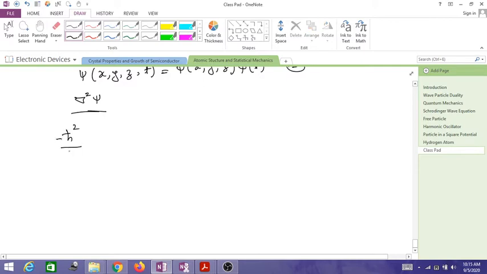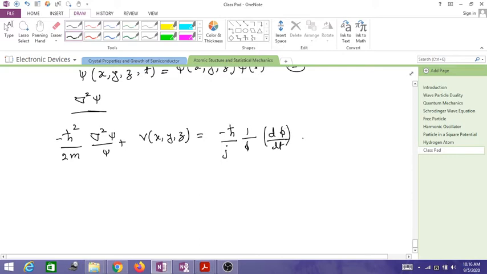We get ħ² by 2m gradient squared ψ by ψ plus V of x, y, z, which is equal to, the right hand side being the total energy, minus ħ j into 1 by phi d by dt of phi. Let us call this equation number 3.